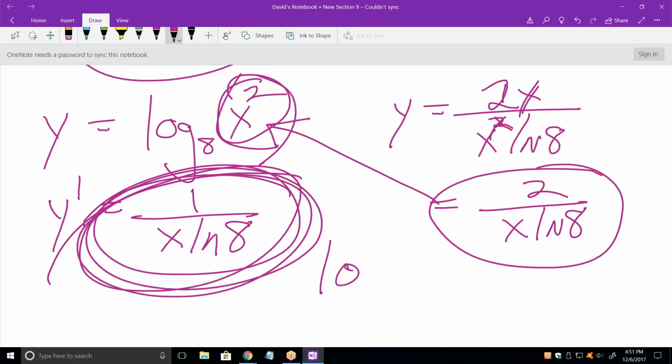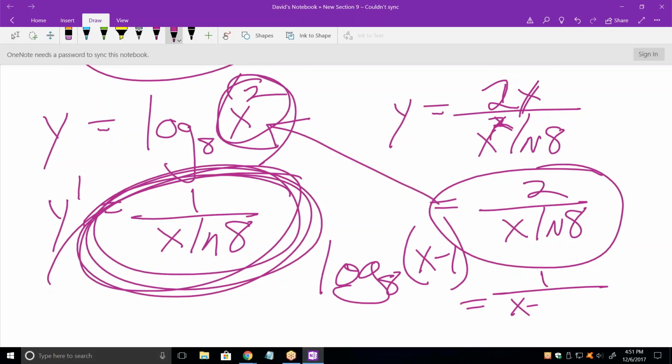Unless it's something like this. If I had this, what's that answer? Same thing, but replace x with x minus 1. So it's x minus 1 times natural log of 8.